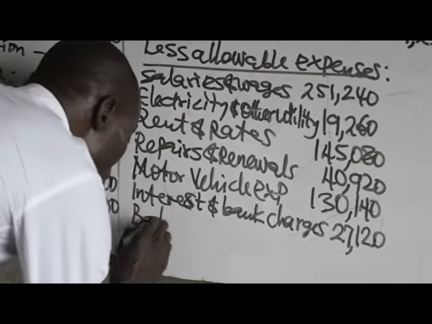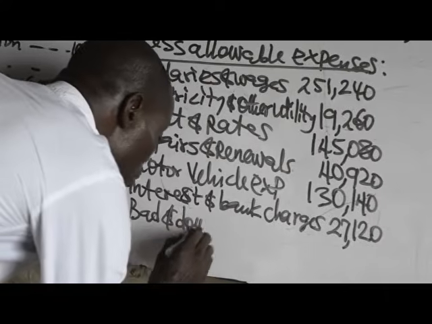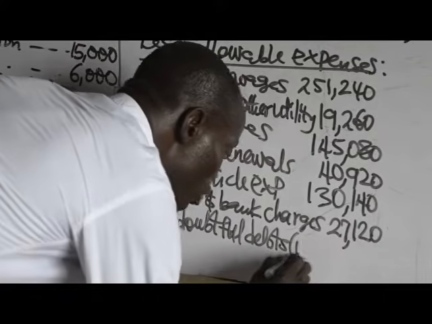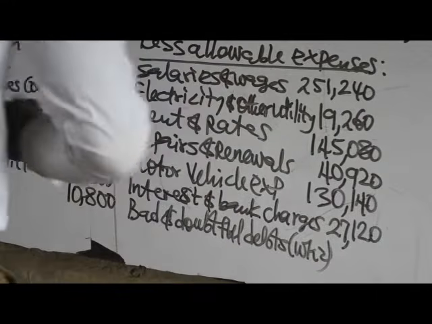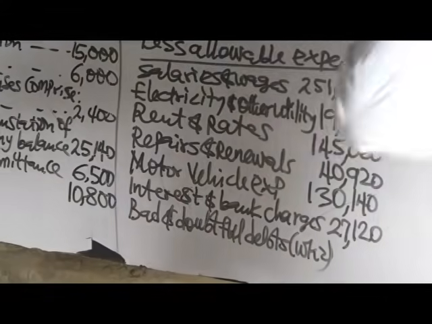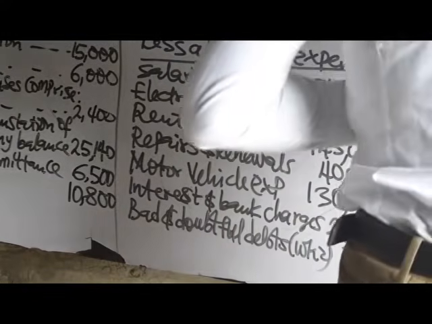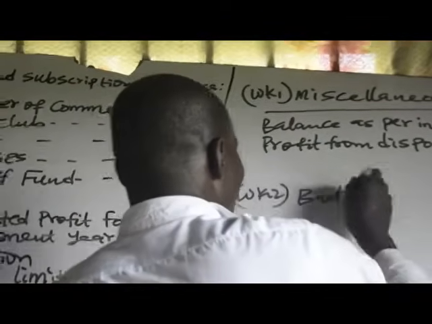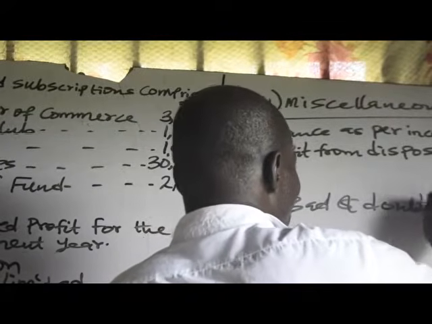Then we have bad and doubtful debts. They have that at working two, since there are notes on that. So, working two, bad and doubtful debts.